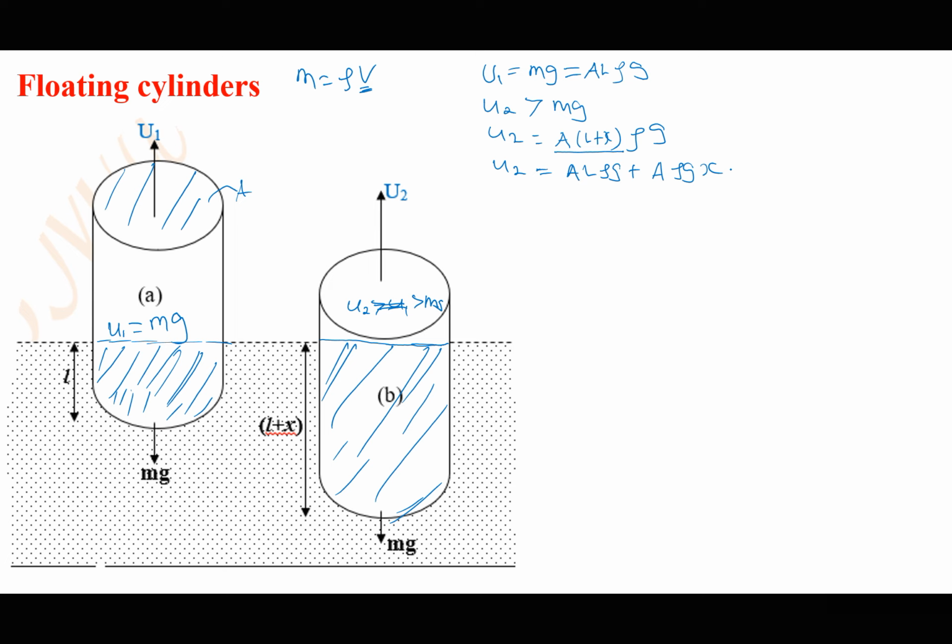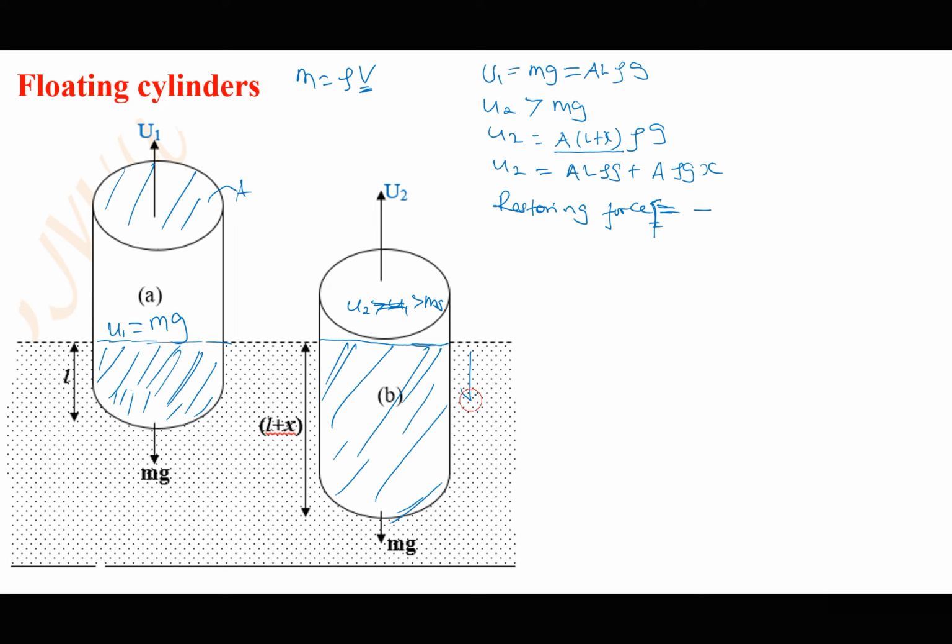So the restoring force is the one which takes the object back to equilibrium. So the restoring force, or the resultant force, which is given by Newton's second law, I'll call it F, is going to be equal to, I will put a minus because it acts in the opposite direction to the displacement.